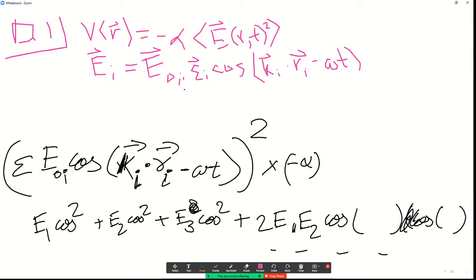So the average of cos square is 1/2 over the whole time period, so we can write directly half.